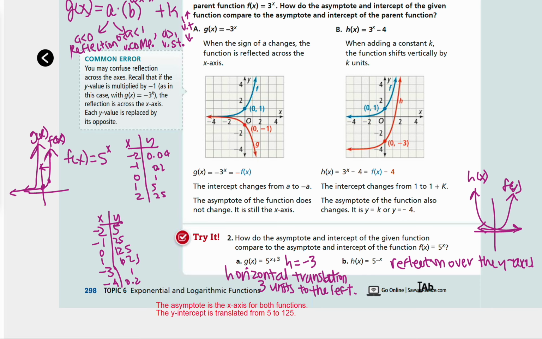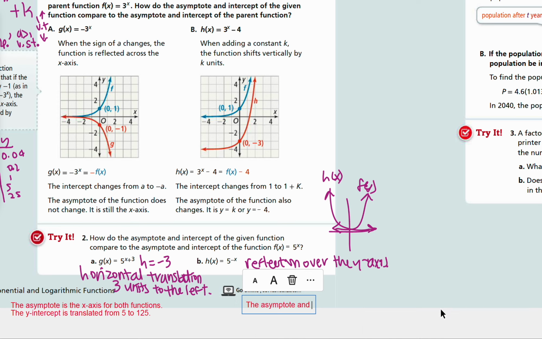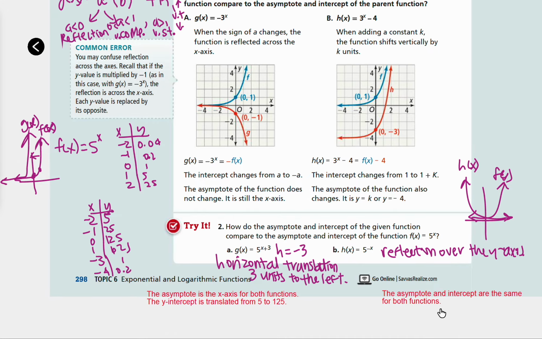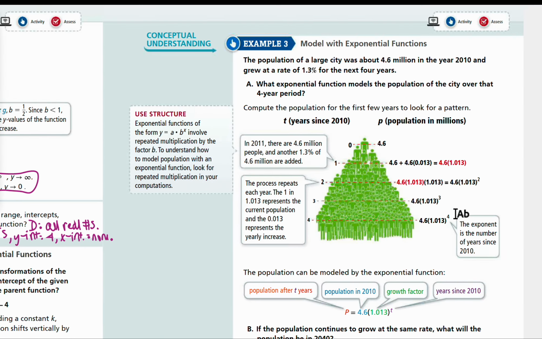And then part B, your asymptote is still the same. The intercept would be the same if you plug in x equals 0, since negative 0 is just 0, right? So the intercept is also the same. So the asymptote and intercept are the same for both functions. Okay, so that was try number 2 and example 2. Let's move on to example 3.